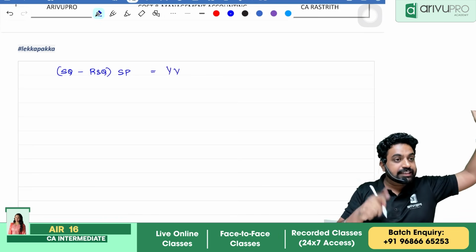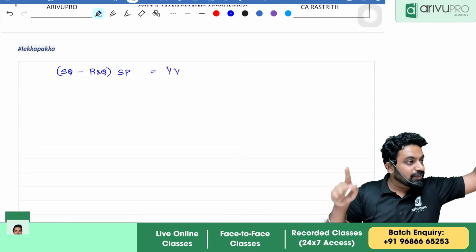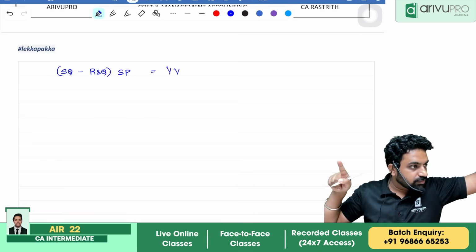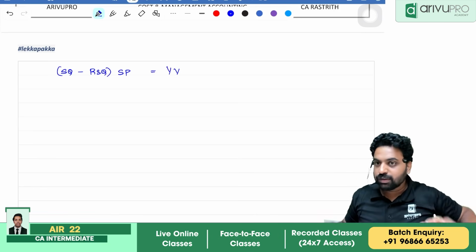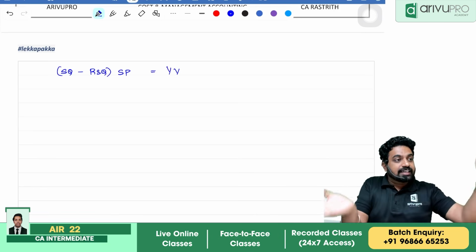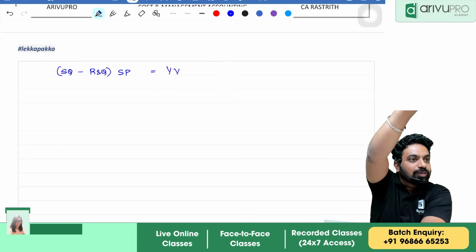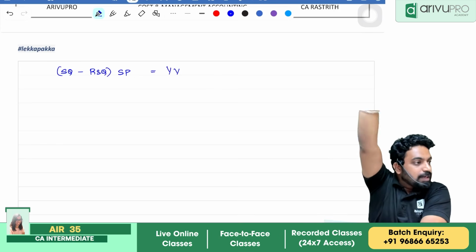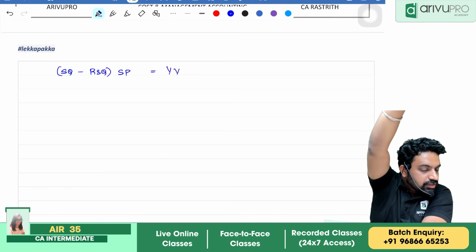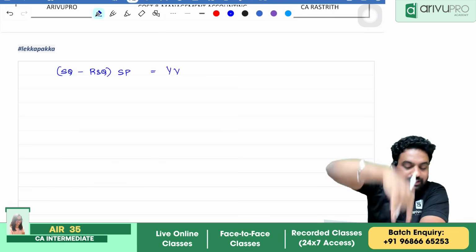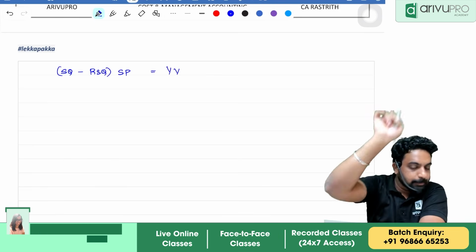As I have written SQ minus RSQ, if it is adverse, it will be negative. Favorable, it will be positive. However, if you have written RSQ minus SQ, then RSQ is more than SQ means adverse, then adverse will be positive and favorable will be negative. That depends on how you write it.